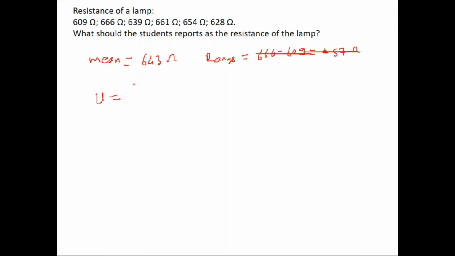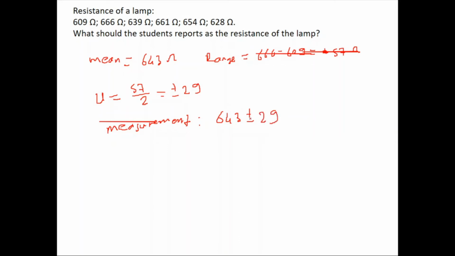It will be 57 divided by 2, and the uncertainty will be equal to 29. So we should report our measurement as the mean, 643, plus minus the uncertainty, 29.